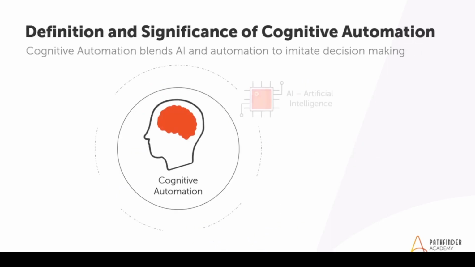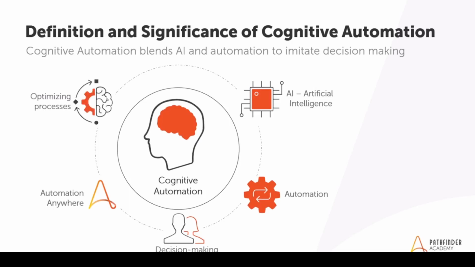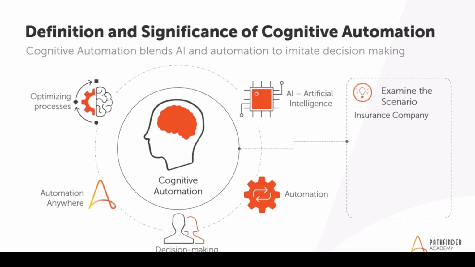Now, cognitive automation is a technology that combines artificial intelligence and automation to mimic human decision-making processes. In Automation Anywhere, the tool used for this is document automation, and it plays a pivotal role in optimizing business processes.